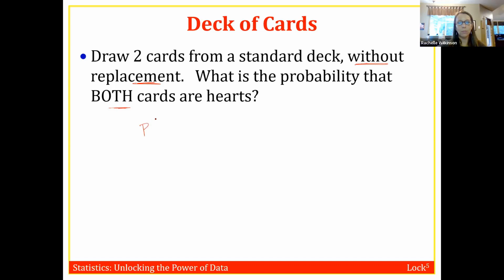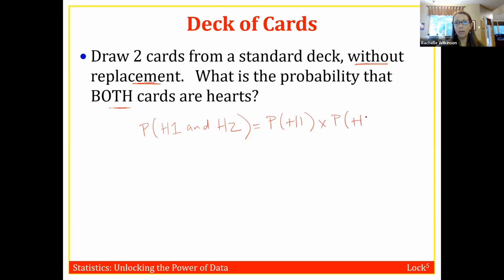So I'm looking for the probability of a heart the first time and a heart the second time. And these are not independent because once I draw the first card, then it's going to affect the probability of everything else.